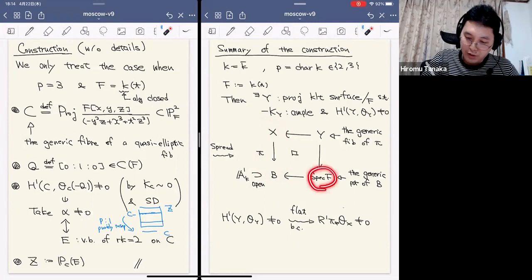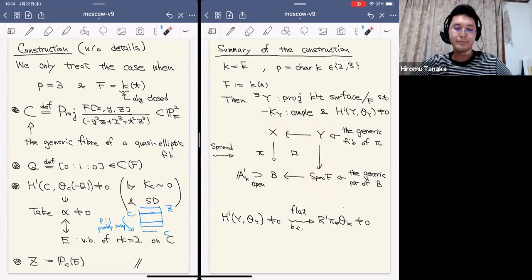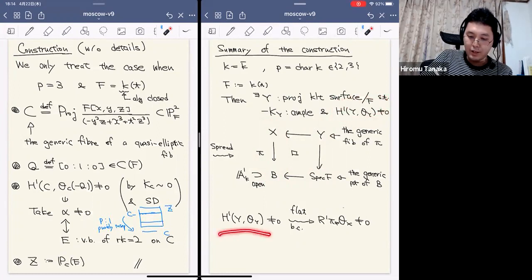And this is the generic point and this is the generic fiber. And we know this non-vanishing. Then flat base change theorem implies this non-vanishing, because from here to here, we get some tensor product.